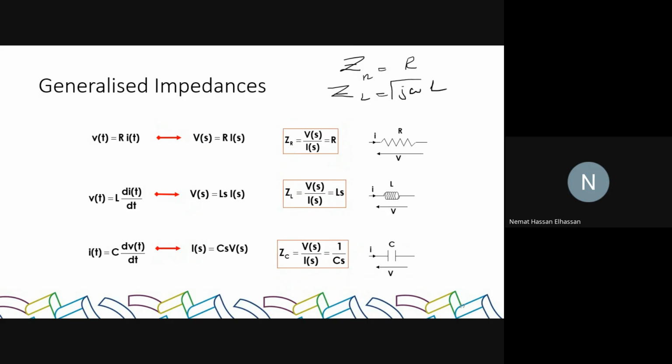However, now we know that j omega is equal to what? s. So ZL in the Laplace domain is equal to sL. We studied also that ZC is equal to 1 over j omega C, which is equal to 1 over sC. So with that, we can easily simplify our Laplace transform processes. Make sense?